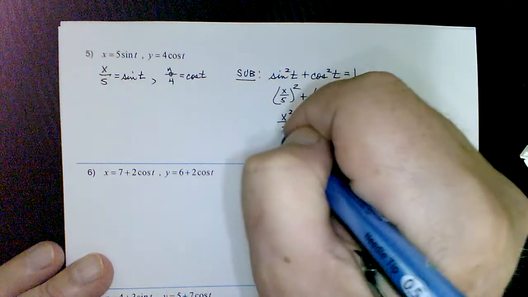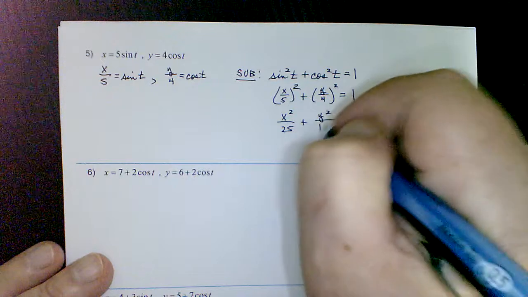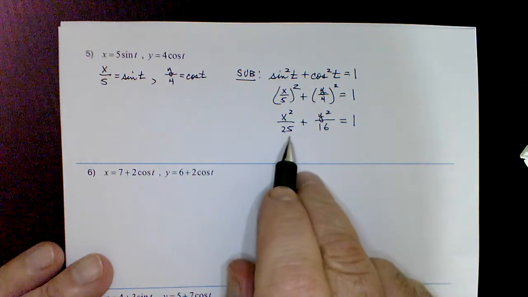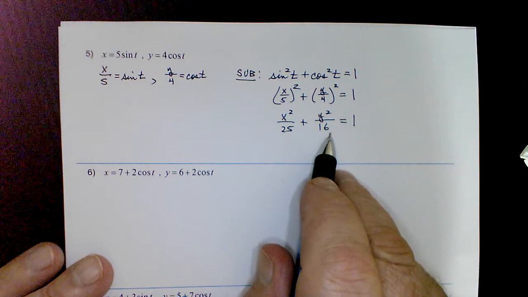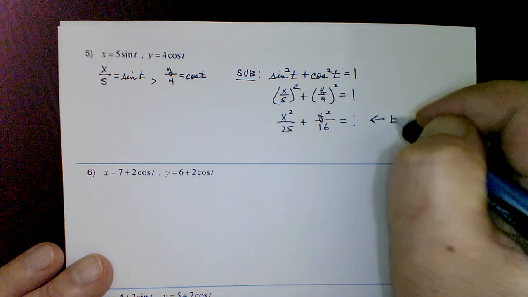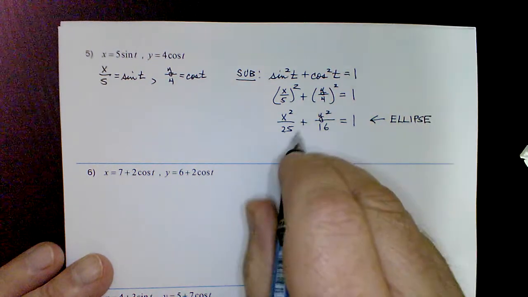So we get x squared over 25 plus y squared over 16 is 1. And now because the coefficients, in this case the denominators, are not equal, we'll leave it in that form because that's the standard form for an ellipse, sum of two squares.